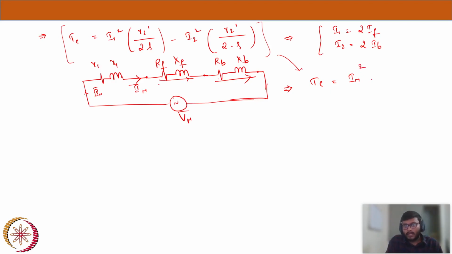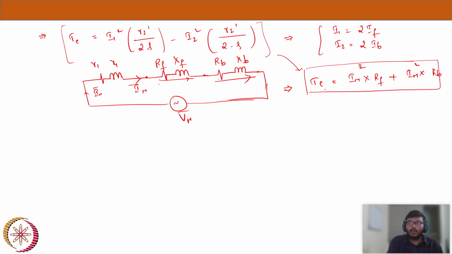Here Im is already flowing through both resistances: Im square into Rf plus Im square into Rb. This is the final torque expression, where Rf and Rb are the resistance equivalents, the same as the resistance part.